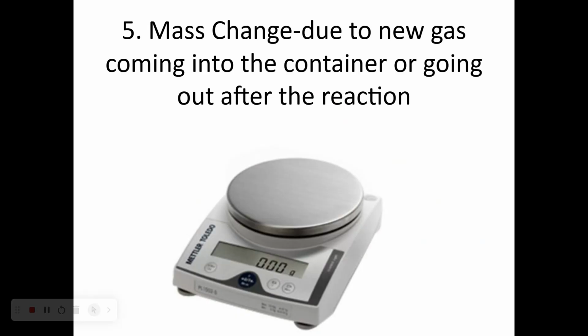So the mass of what you made is going to be less than the mass of what you had started with. Or you might add the gas from the atmosphere into your reaction, and your product might weigh more. Either kind of mass change, increase or decrease, may be a sign of chemical change because of the addition or subtraction of a gas that is a new thing.